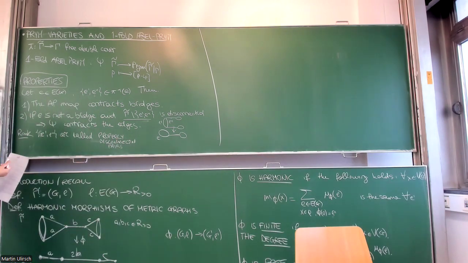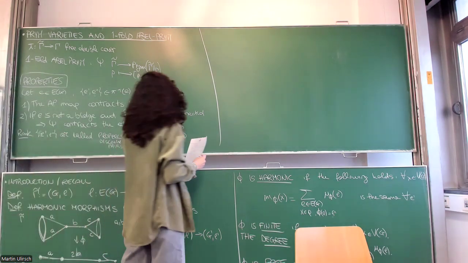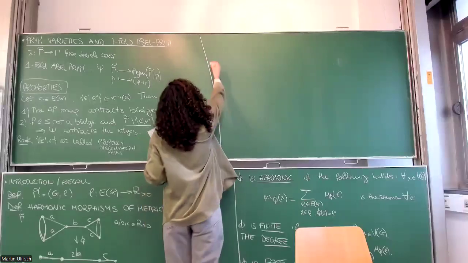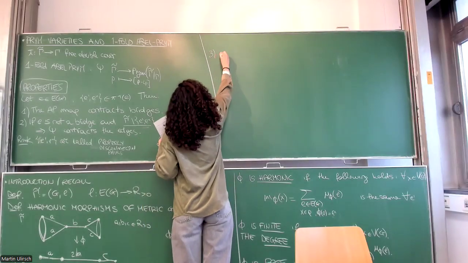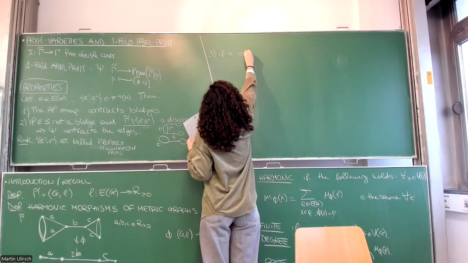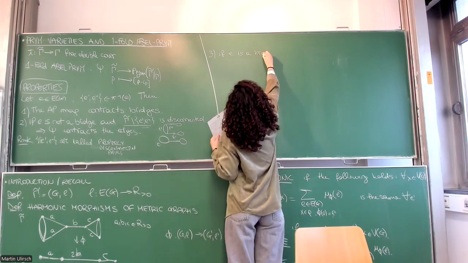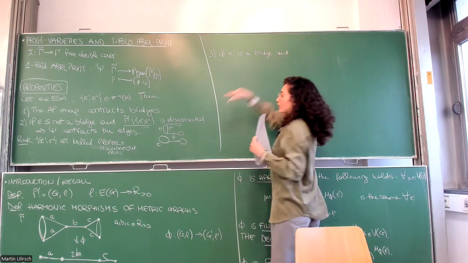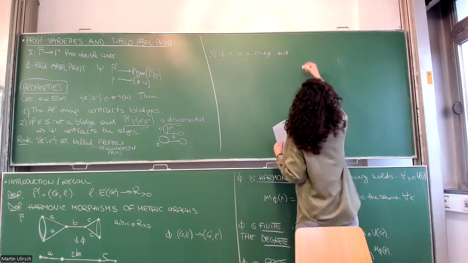And there's also another property. Now, the case where E is a bridge, and we have the preimages that are properly disconnecting.